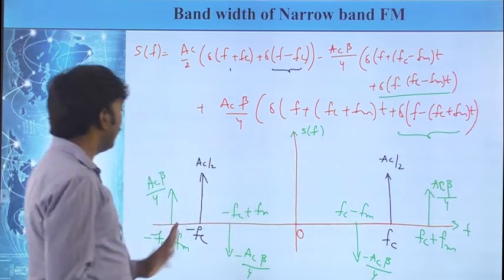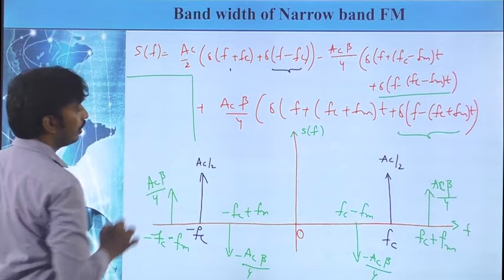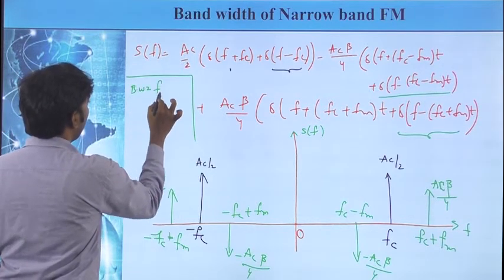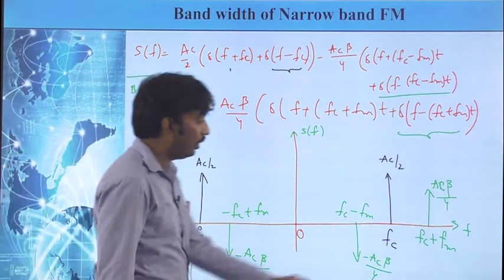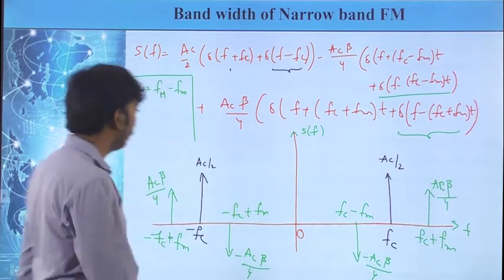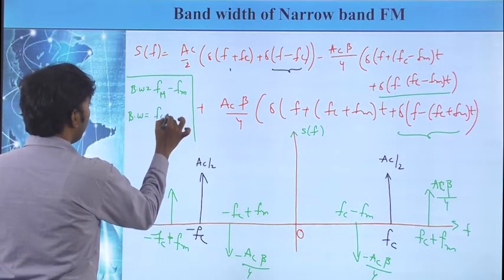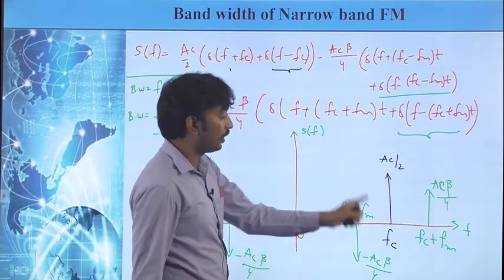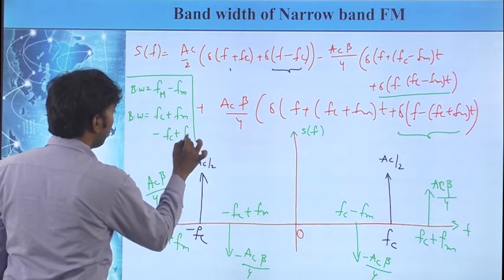Now can I calculate the bandwidth? How can I calculate the bandwidth? The bandwidth is equal to F maximum minus F minimum. What is F maximum? F maximum is Fc plus Fm. Bandwidth is equal to Fc plus Fm minus, minus Fc minus Fm, which is minus minus Fc plus Fm.